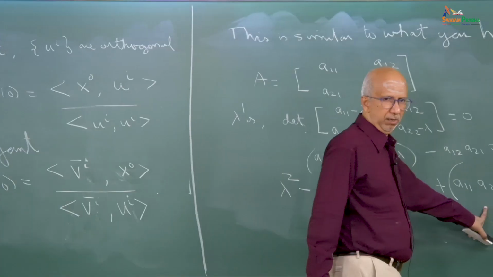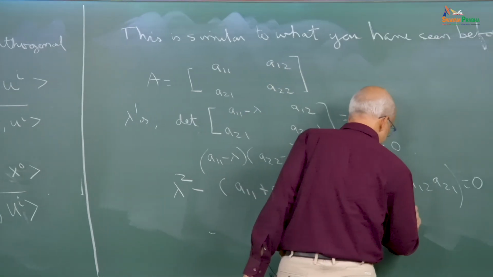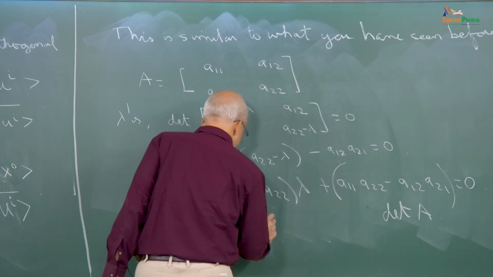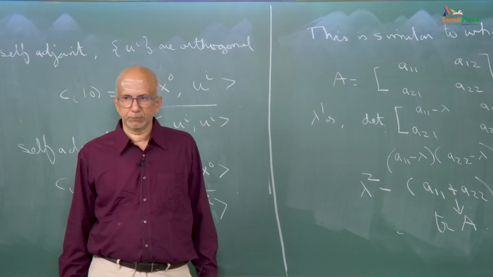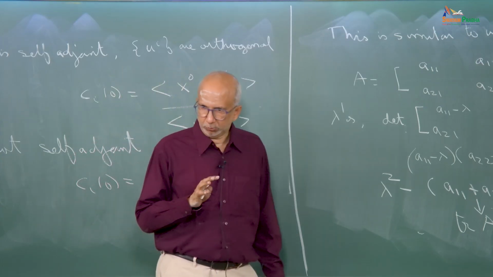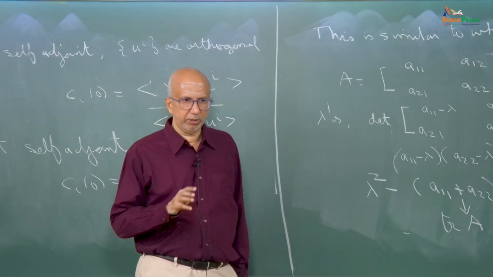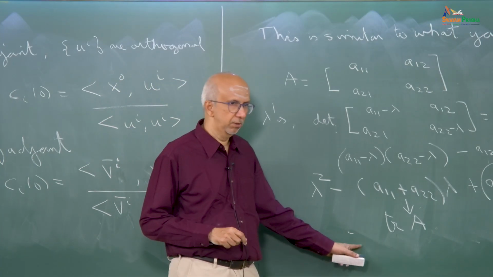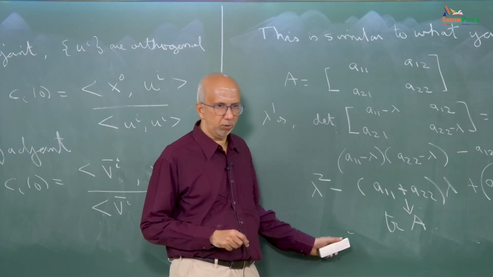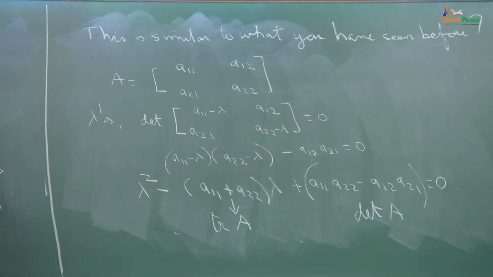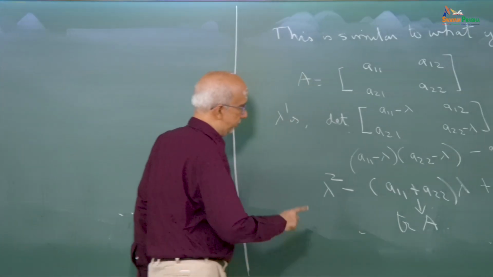This is nothing but the determinant of A, and this is nothing but the trace of A. So, I want you to understand that at least for a 2-dimensional problem with only 2 vectors, the eigenvalues come from a quadratic; they are the roots of this quadratic equation. So the lambdas are the roots of this equation, you can write it down.